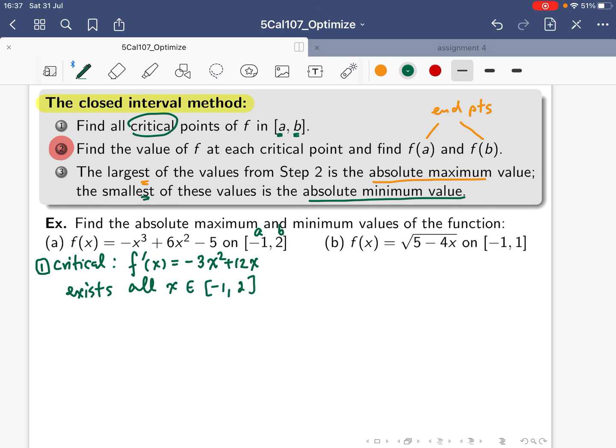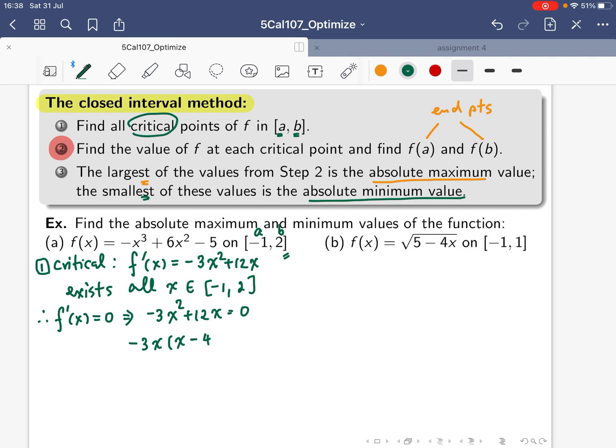This time we're not talking about all real numbers, because now we restrict our problem to the closed interval negative 1 to 2. So you need to find the critical points where your derivative equals 0. Here we have this one, so you pull out the 3 and the x.